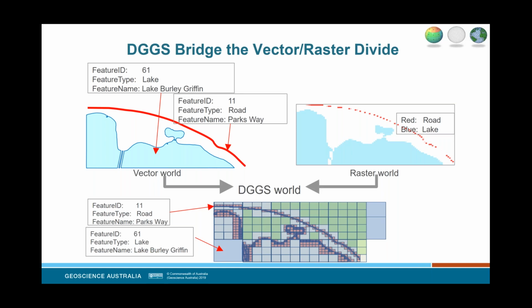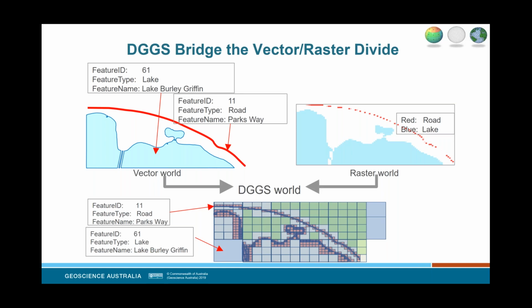Where is this point in relation to this line? Is this point inside this polygon? Is this polygon crossing this polygon? Does this line intersect a polygon? You're having to do lots and lots of, in many cases, complex mathematical operations. And as you try to scale that up, you start to hit bottlenecks of what the computer can do.